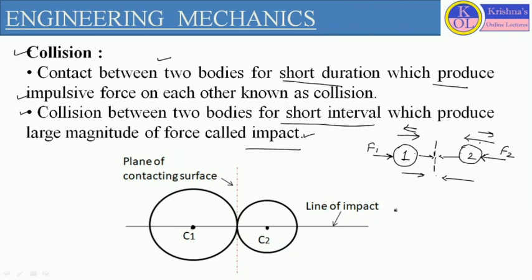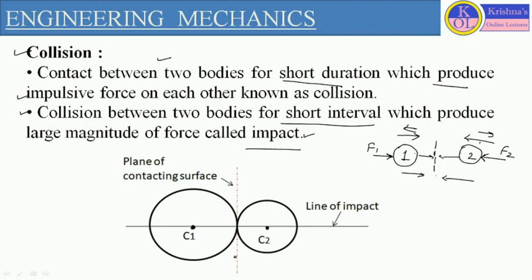Some terms you have to remember related to collision. Here we are considering two bodies which are coming in contact because of the applied force, and because of this applied force these two bodies will strike each other. They will come in contact for a very short duration and it will produce collision, impact and impulsive force.